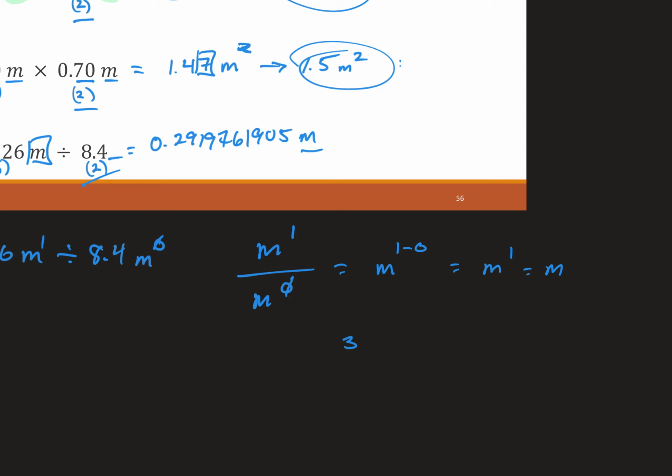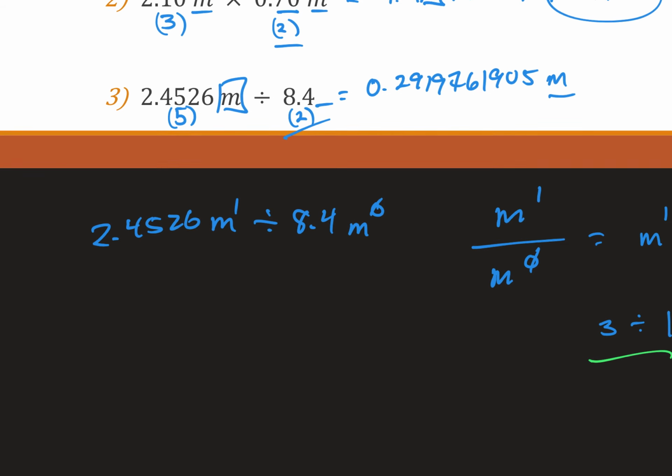The same is true if I have 3 divided by 1, I could actually say this is 3 to the first divided by 3 to the 0, which is 3 to the 1 minus 0, or 3 to the first, which is just 3, which is why any number divided by 1 is itself.